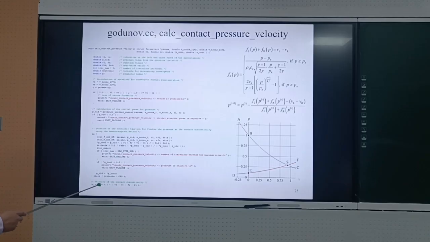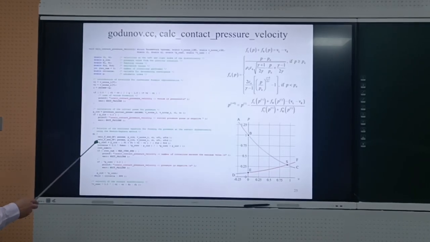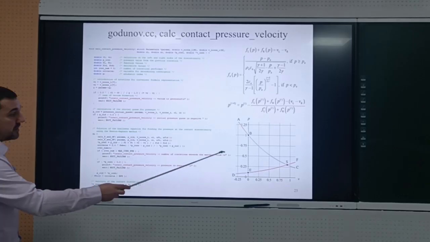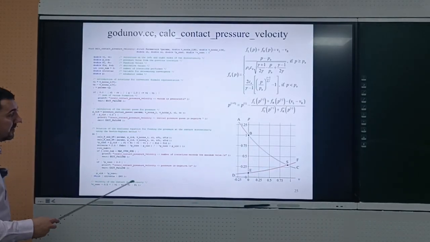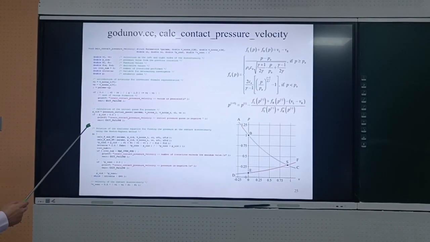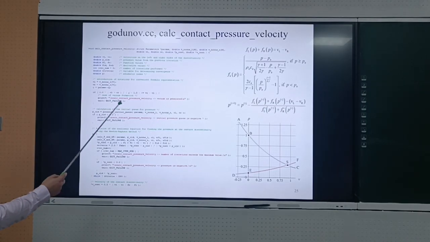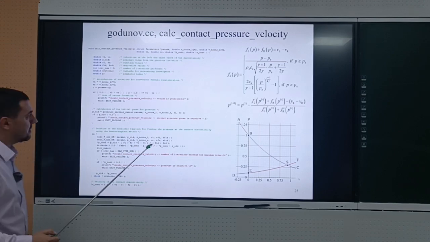You do these iterations until you reach the necessary accuracy. After you find the pressure at the contact surface, you can also find the velocity of the contact surface. So now we can discuss how we can choose the initial guess.